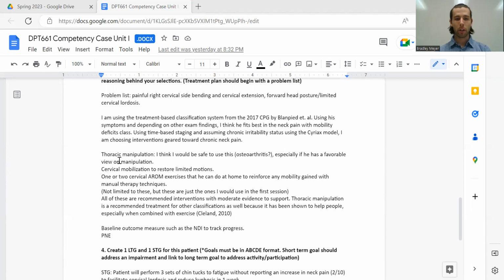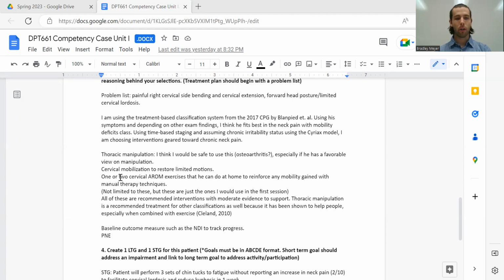Thoracic manipulation, which is recommended for any patient, regardless if they're acute, subacute, or chronic, and even if they're in different classes of neck pain. But I would want to make sure that my patient feels safe and has a positive outlook on it, which tends to show better results if that's the case.